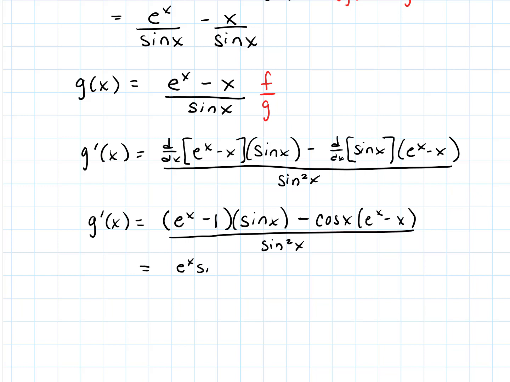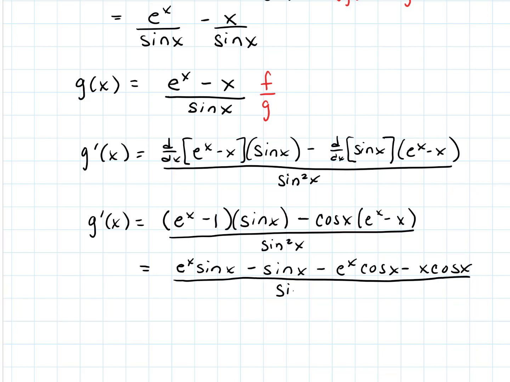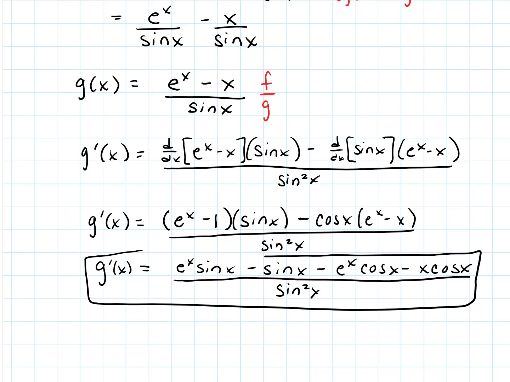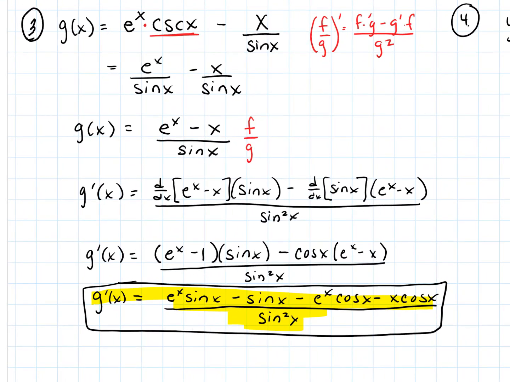So e to the x sine of x minus the sine of x minus e to the x cosine of x minus x cosine of x. And I don't see any common factors or any obvious simplifications here, so we will call this good. And there's our derivative. But again, it made a little more sense on this particular one to simplify first.